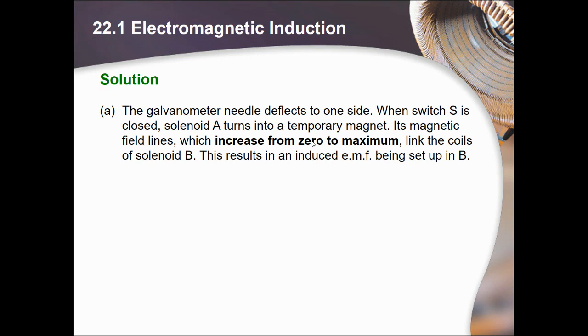And when it increases from 0 to maximum, there's a changing magnetic flux. This changing magnetic flux will be linked to the coil of the solenoid B, the second solenoid, and this will result in induced EMF and therefore an induced current. And therefore the galvanometer will show a deflection.